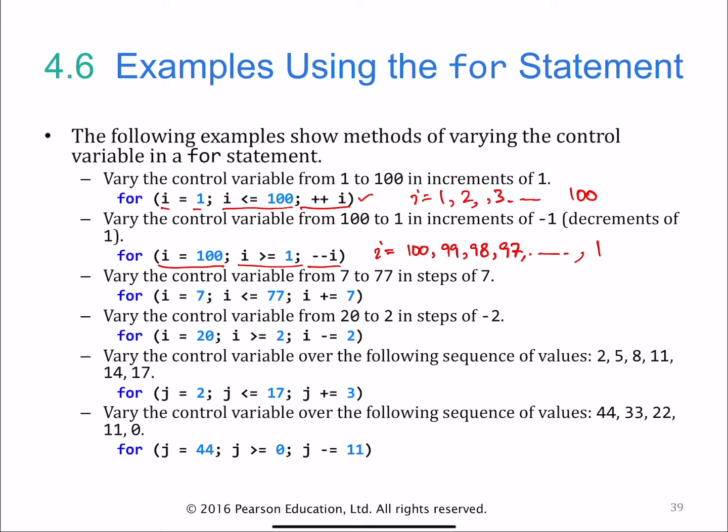The next example initializes I to 7 and runs as long as I stays less than or equal to 77. But as you can see over here in the increment operation, I does not increase or decrease by just 1, it is being increased by 7, which means the steps will be I initialized to 7, then 14, 21, 28, 35, all the way up to 77.